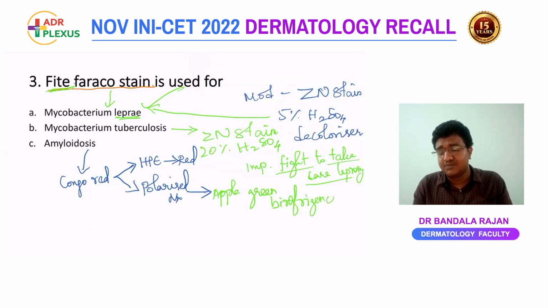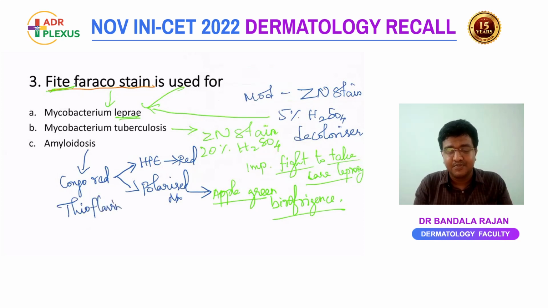It's also a possible MCQ. Apart from Congo red, other stains are thioflavin T and S. Other than that, stains like periodic acid Schiff stain, Alcian blue, methyl violet can be useful.